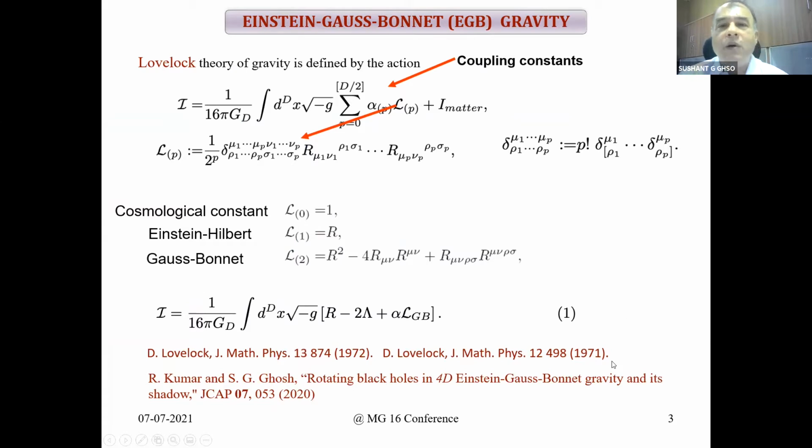However, it became popular only when string theory found that the 4D Einstein-Gauss-Bonnet action is the low energy limit of heterotic string theory. So this is the general Lovelock action. The first is the cosmological term, the second is R, and the important contribution in the first Lovelock is the second order curvature term, which is a quadratic curvature term, and it is called Gauss-Bonnet. Then we can simplify the above action to this.